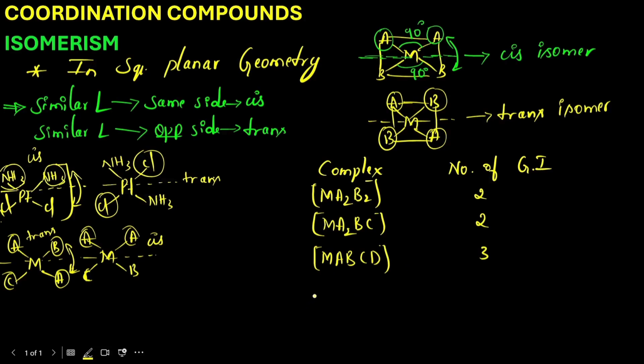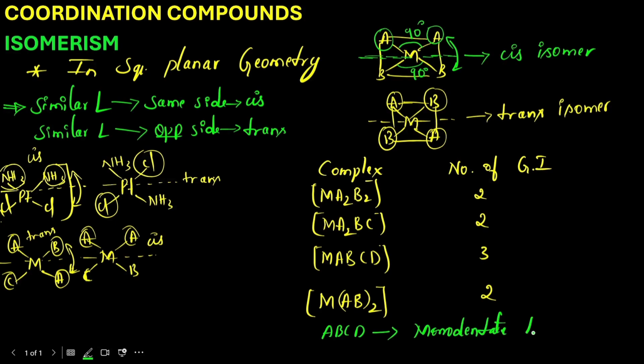And if you take M(AB)2 type of complex, the number of geometrical isomers possible is 2. Here A, B, C, D are monodentate ligands.